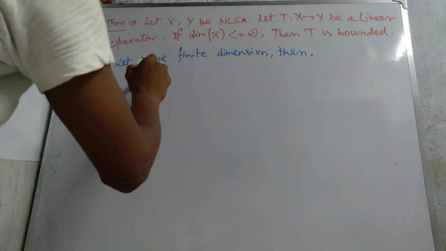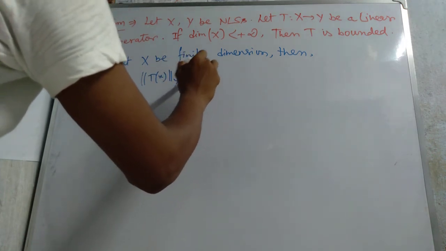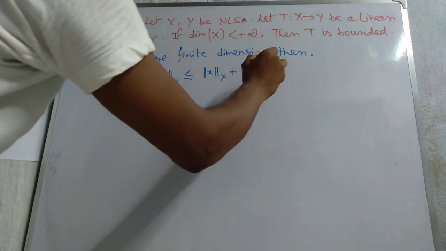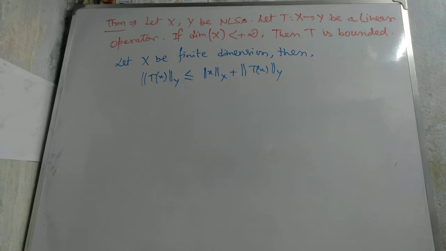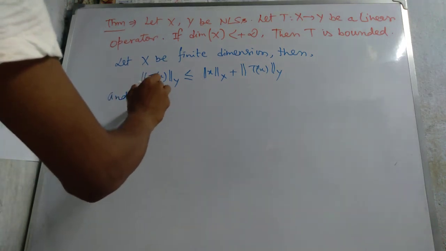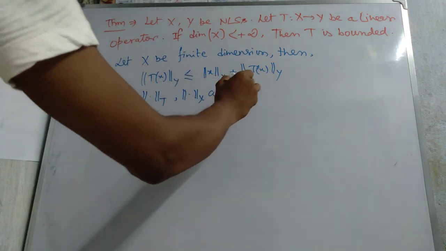Then norm of Tx is less than or equal to norm of x plus norm of Tx. And the norms are equivalent, so norm T and norm x are equivalent.